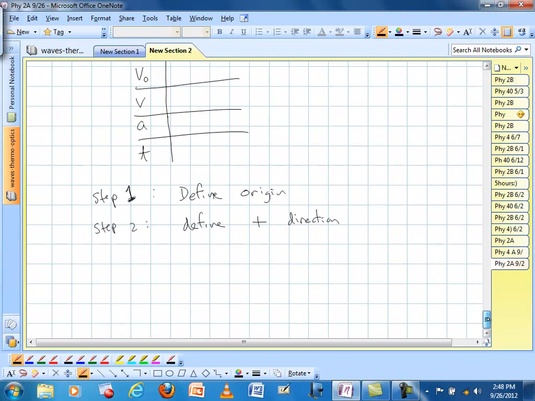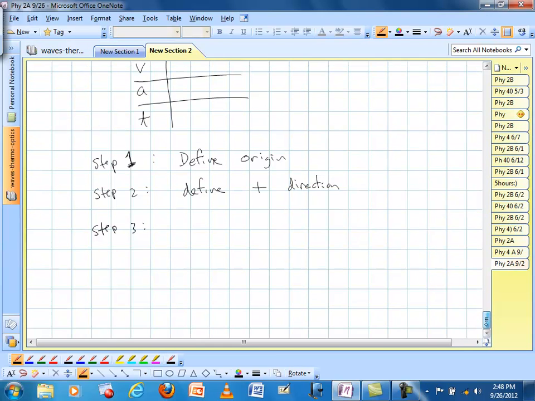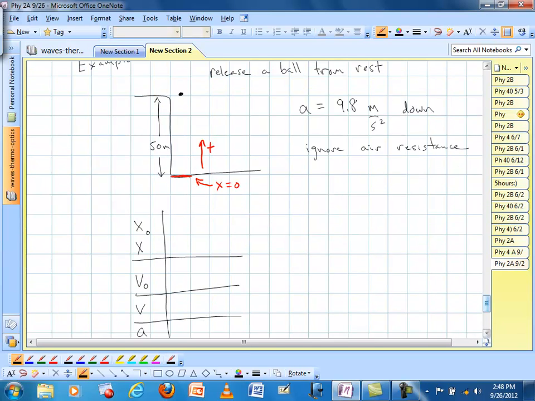So we've done that. Now what I do is fill in this chart. If the ground is 0 and we're starting at the top of the cliff, where's our initial position? 50 meters. And I'm going to write plus 50 meters just to drive home the point, because it could be negative.